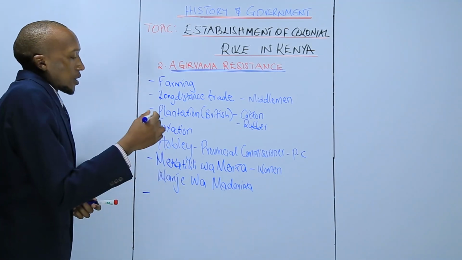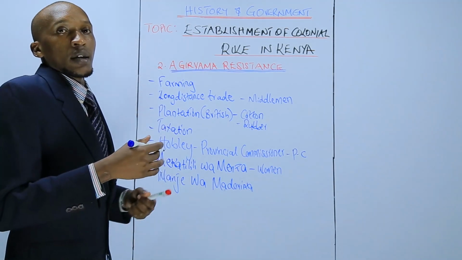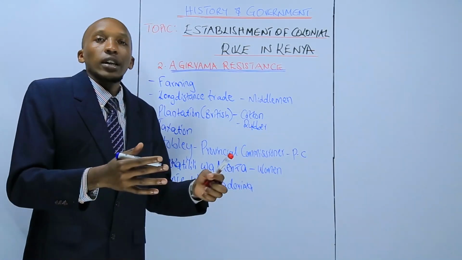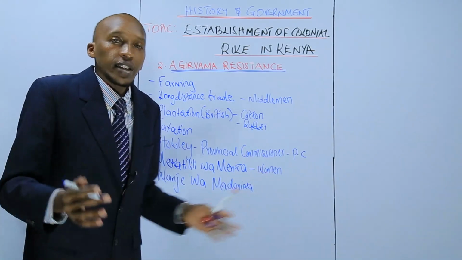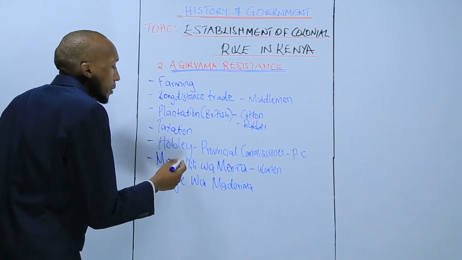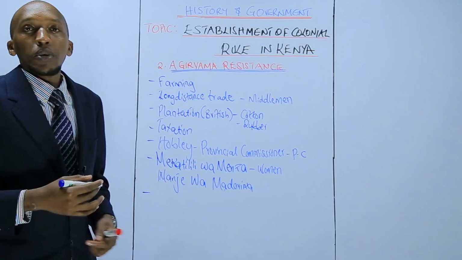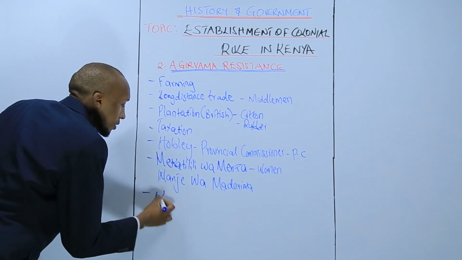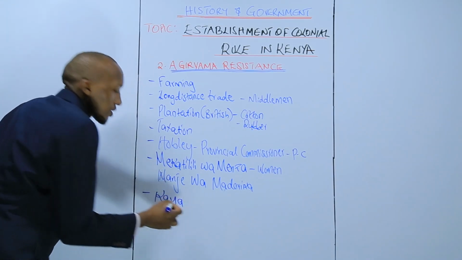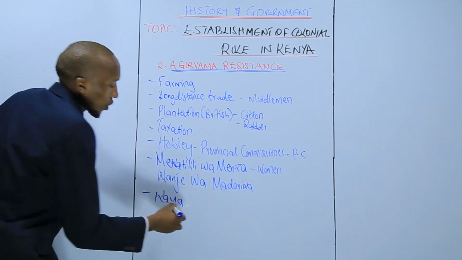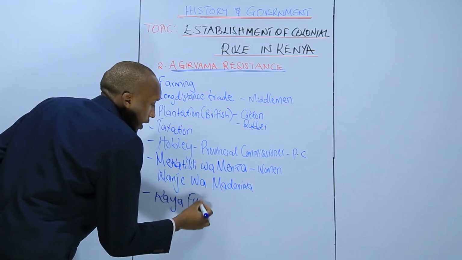Remember, the Agiriama people were organized among Kayas. Those are clans, or related families. So Mekatilili wa Menza, together with the other leaders, rallied all the people to the Kaya known as Kaya Fungo.